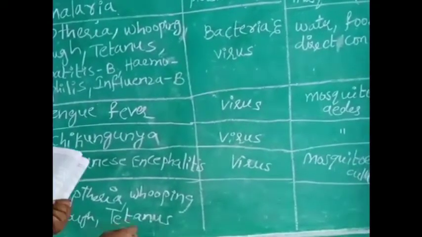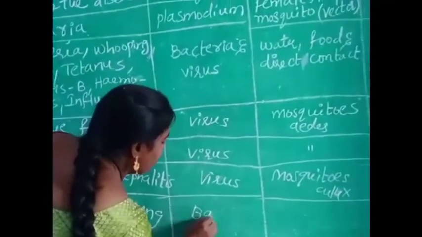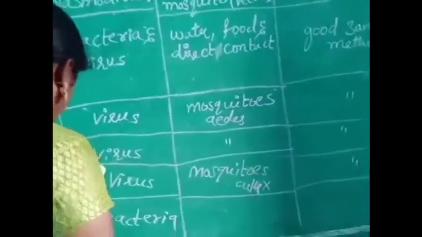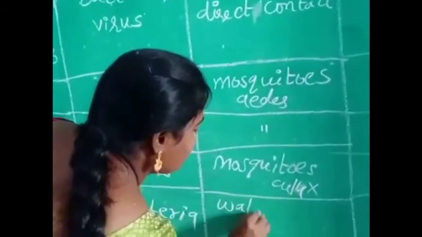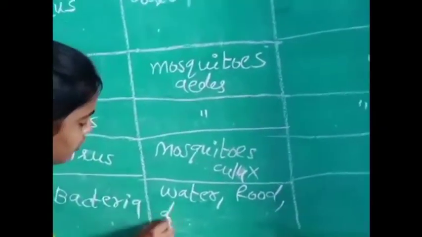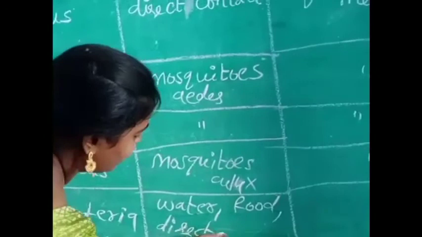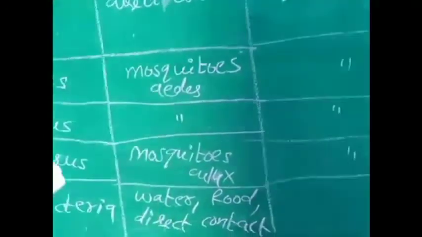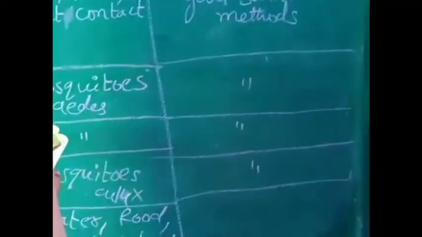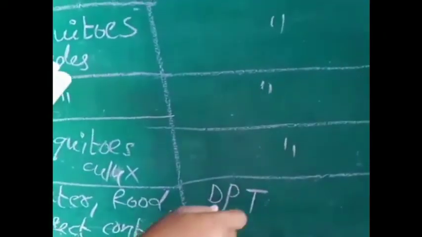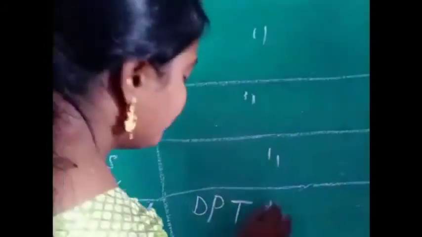These diseases are caused by bacteria and are transmitted through water, food and direct contact. How can we control these diseases? By taking the vaccine, that is DPT, and triple antigen.